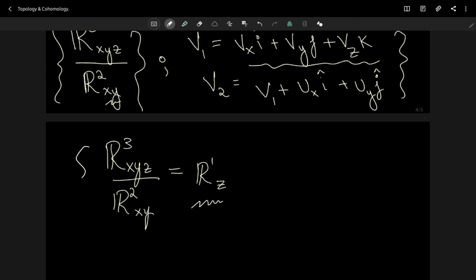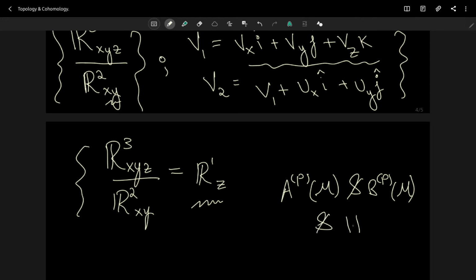So if we take this quotient, unfortunately the dimensions of the vector spaces A P of M and B P of M, I'm sorry, I forgot to include this quotient. We will have this thing as well.